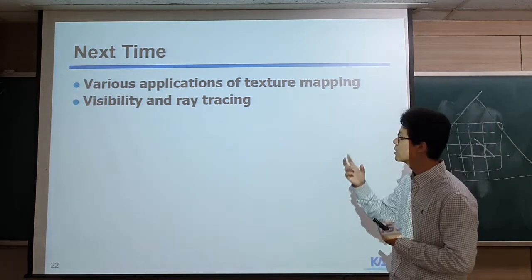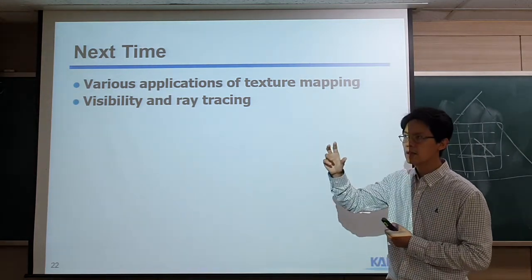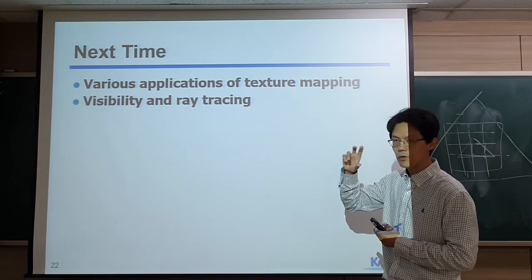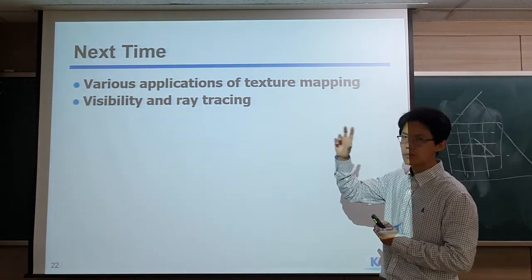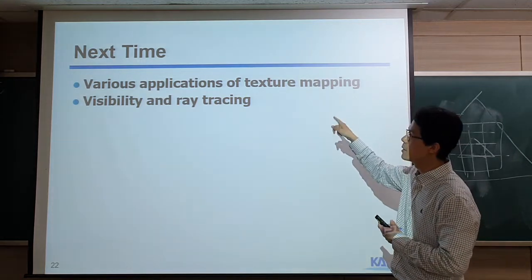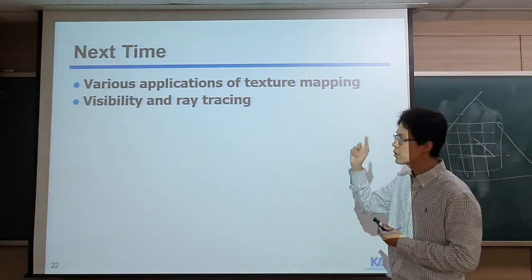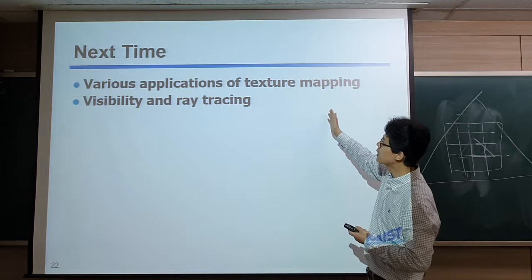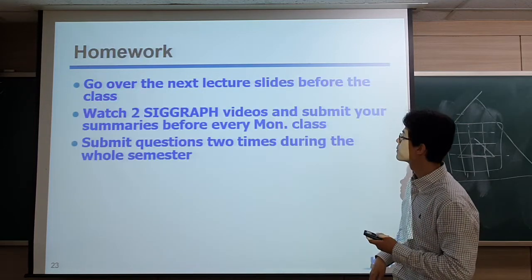Actually, one of the main ideas of using rasterization for achieving realistic looking images is nothing but using the texture map in a very different setting. I will talk about that one, and then once we are done, I will move on to ray tracing.